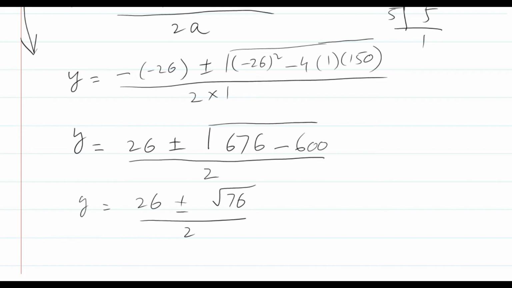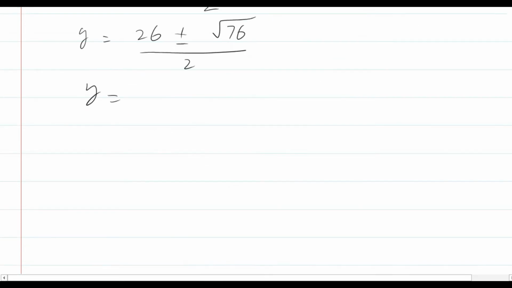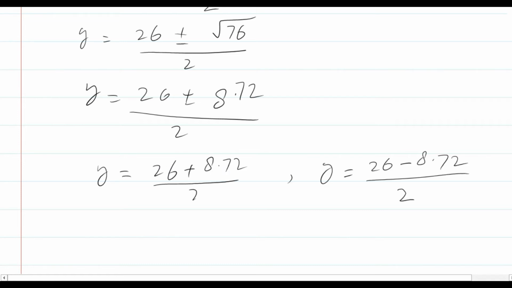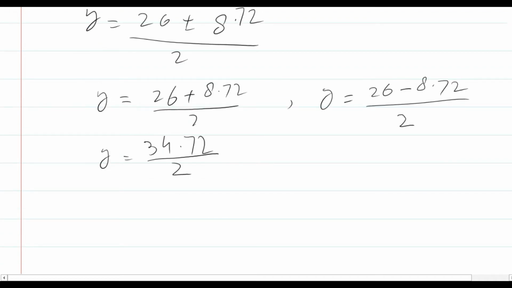Here y is equal to 26 plus minus 8.72 over 2, and y will have two values. Now y is 34.72 over 2, and y will be 17.36.